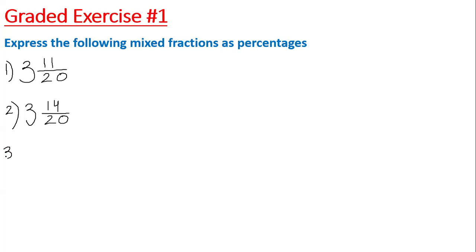Number 3, 3 and 12 over 20. And finally, number 4 is going to be 5 and 2 over 4. That one will be interesting.